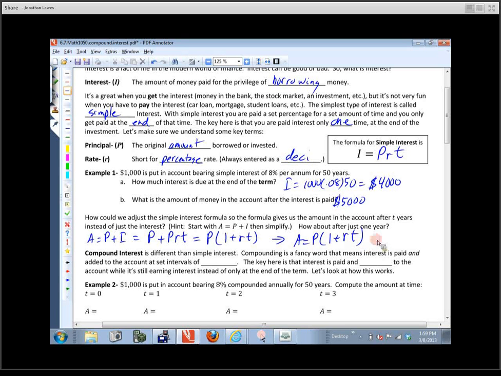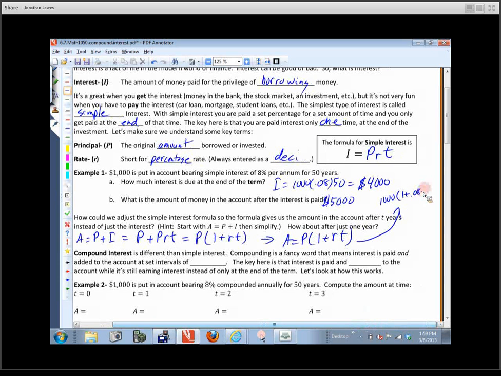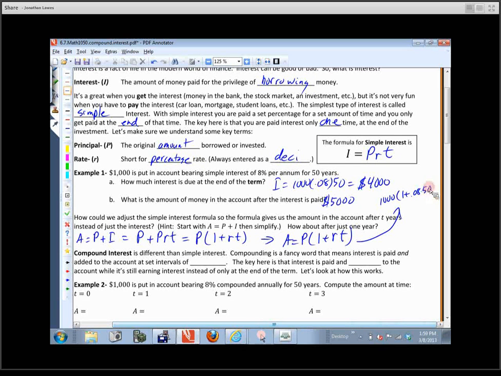So let's solve this problem on this one right here. Let's see if we can get 5,000 directly from this formula. What's the principal? We put in 1,000. 1 plus, what's the interest rate? 0.08. And what's the time? 50.